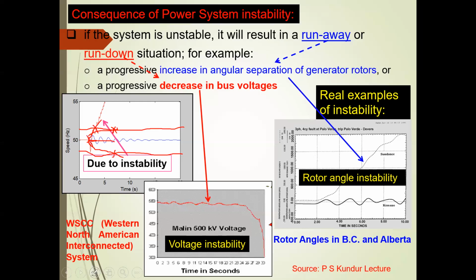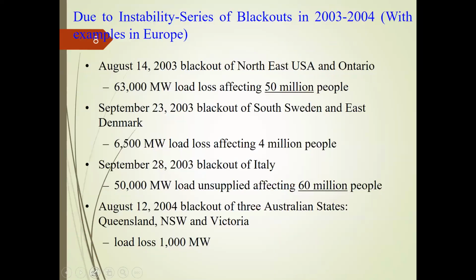Okay, thank you. Maybe I will have one more slide before that. I just have this example to mention here: we have had a series of blackouts worldwide, and I have listed some of them, mainly in Europe.